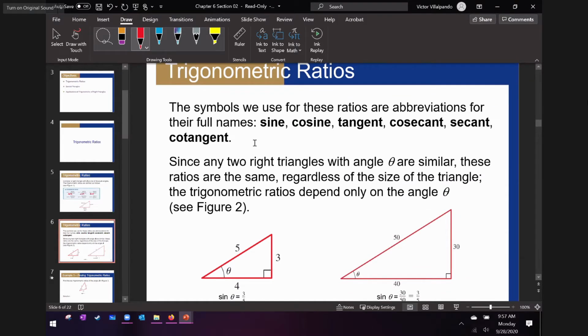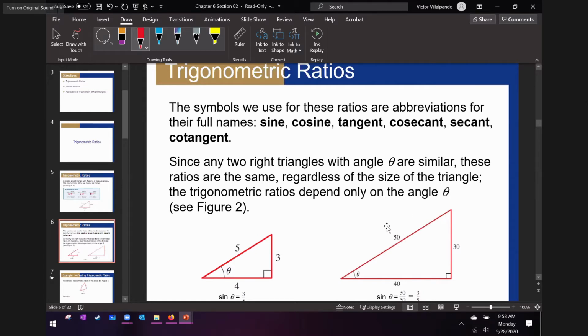Obviously, sin is sine, cos is cosine, so on. Since any two right triangles with an equal angle are similar, these ratios are the same regardless of the size of the triangle. So the trigonometric ratios depend only on the angle theta.